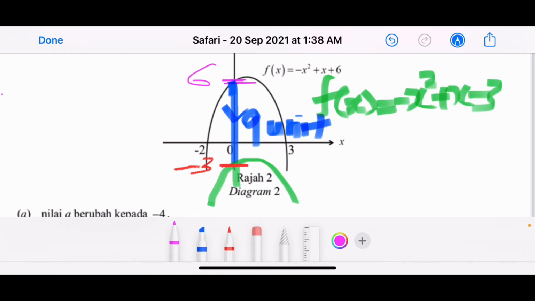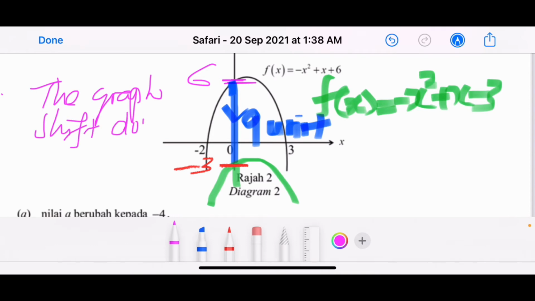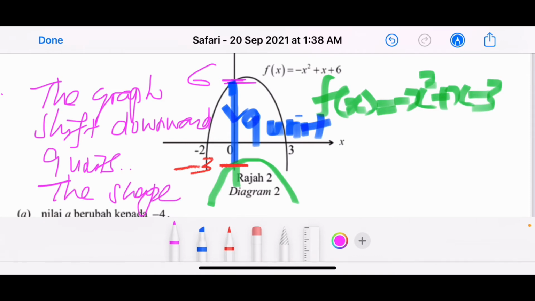So we can just write that the graph shifts downward 9 units, and the N shape remains unchanged.